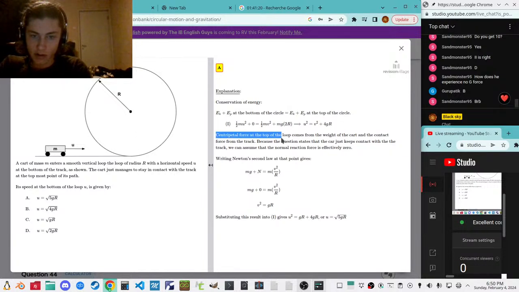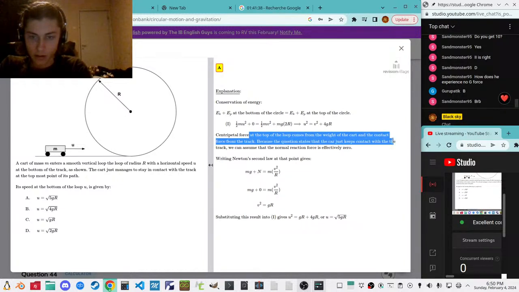Centripetal force at the top of the loop equals mg plus mv squared over r. Centripetal force at the top of the loop comes from the weight of the cart and the contact force. Because the question says that the car just keeps contact with the track, you can assume that the normal reaction force is effectively zero.